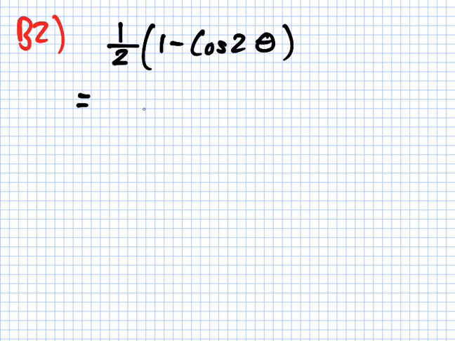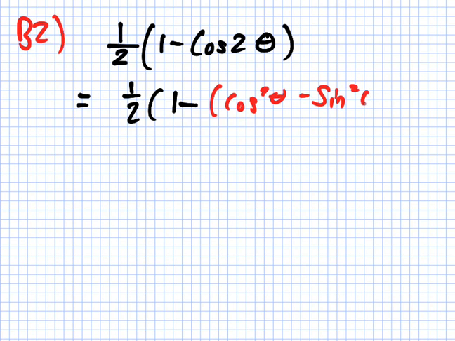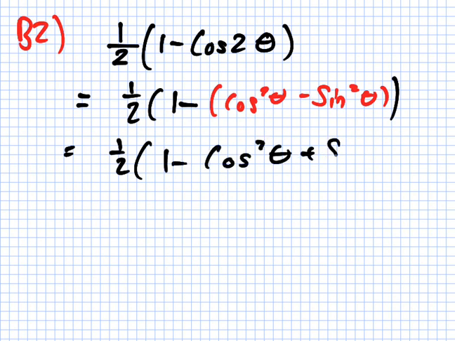So this equals a half, 1 minus, in brackets here, cos squared theta minus sine squared theta. They tell us we can use that. So that's a half, 1 minus cos squared theta plus sine squared theta.